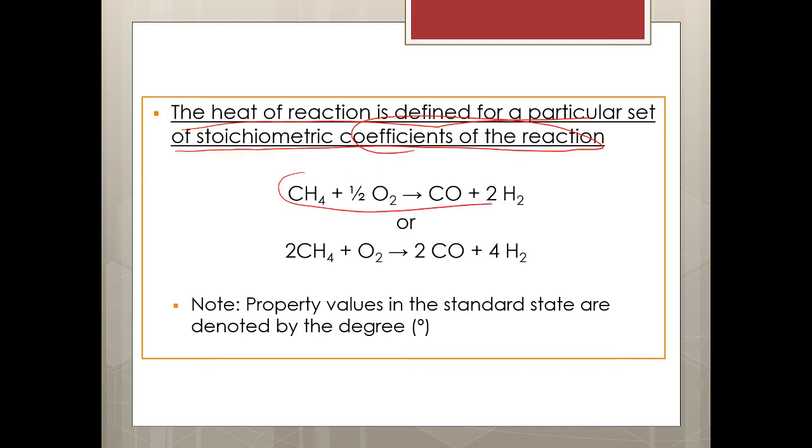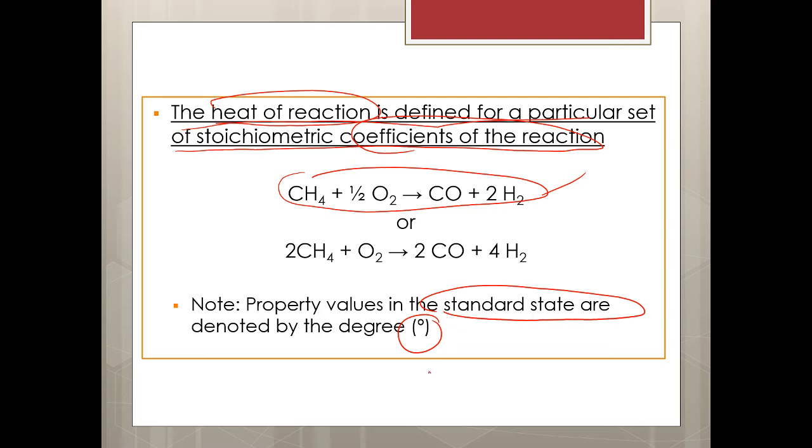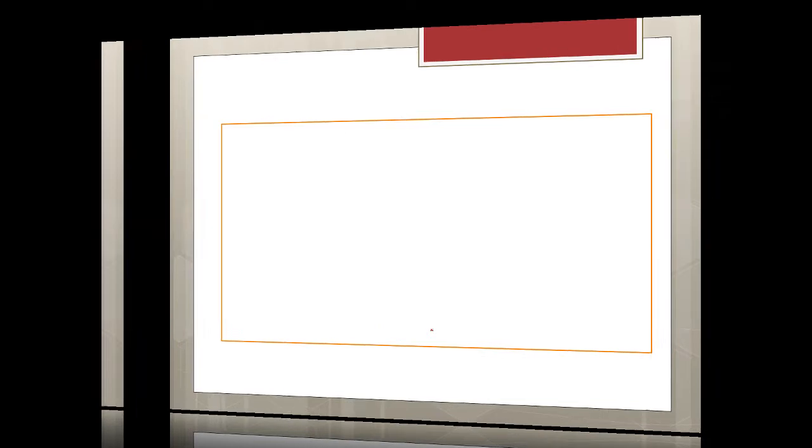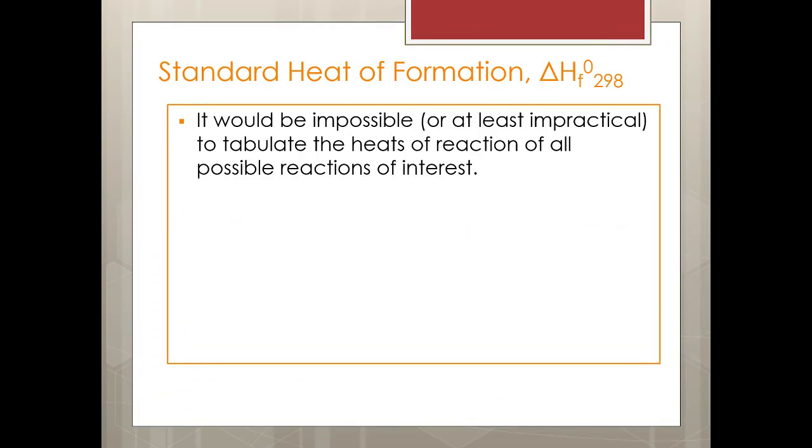So dapat may particular stoichiometric coefficient siya para masabing when we're talking about heat of reaction. And kapag yung heat of reaction mo is in standard state, nilalagyan natin ng symbol na degree. Paano ba example nun? Ayan, ito, yung standard heat of formation at 298 Kelvin.